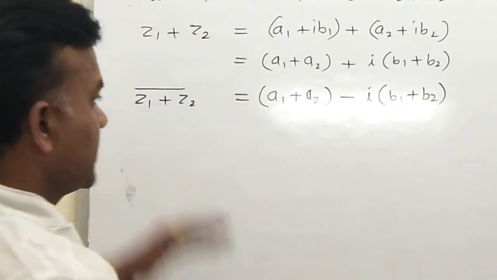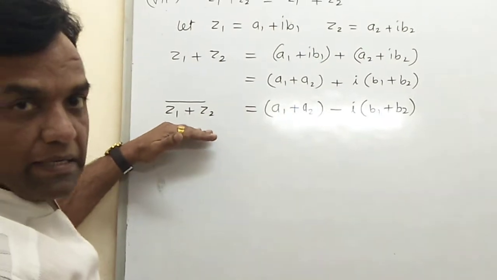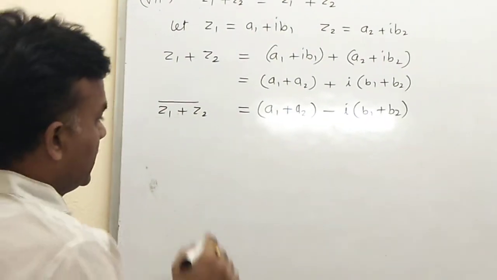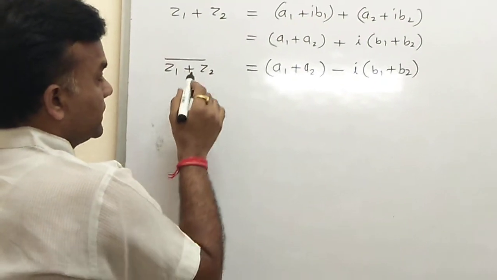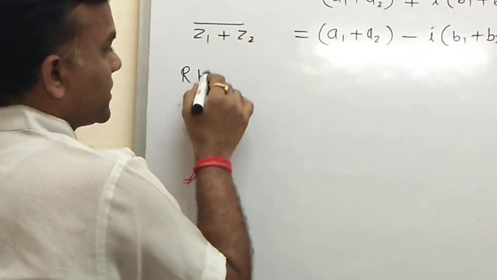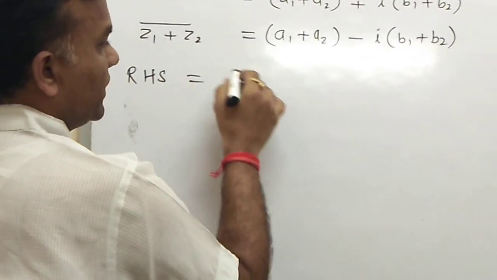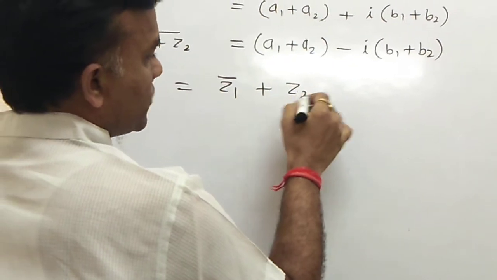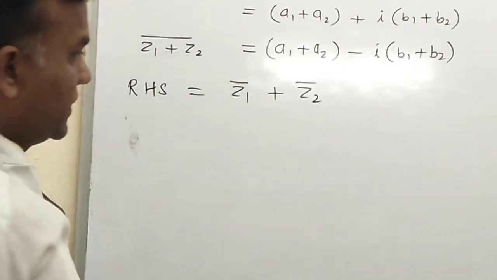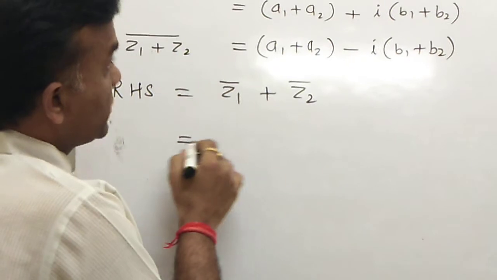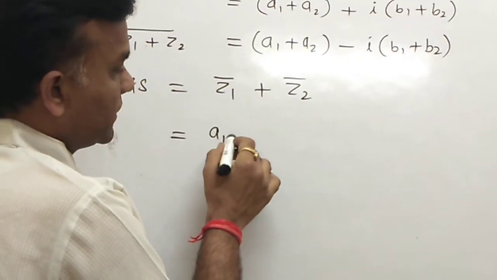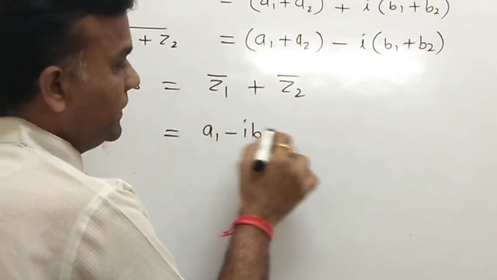This is the left hand side, z1 plus z2 whole conjugate. Now we discuss the right hand side, z1 bar plus z2 bar. Bar means conjugate. So z1 conjugate is a1 minus ib1.